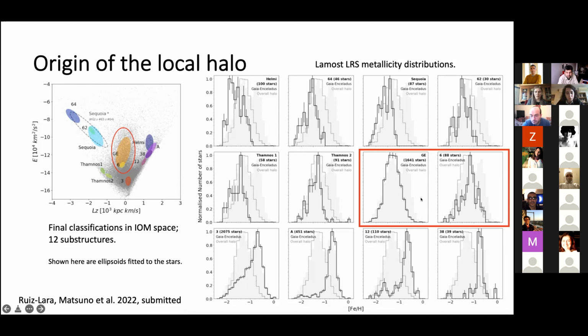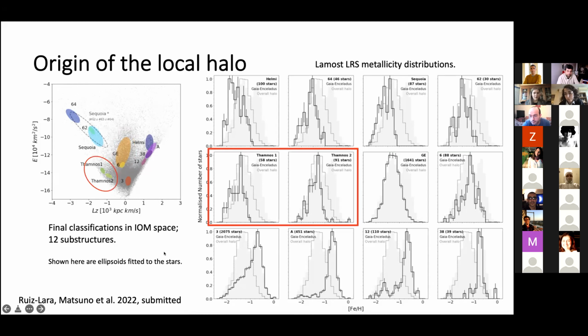Maybe it's just part of Gaia Enceladus that is contaminated by disk stars because it's lower energy, or maybe it's telling us something about the center of Gaia Enceladus. Maybe the nucleus of Gaia Enceladus is at the bottom, which would make sense due to dynamical friction, that those stars that are lost at the end of the merger sink to lower energy. But we need more work to see this.